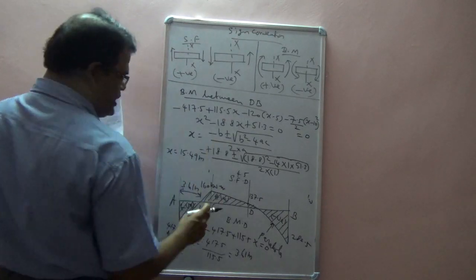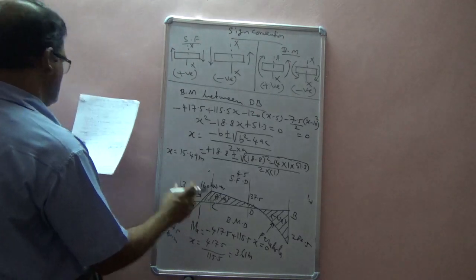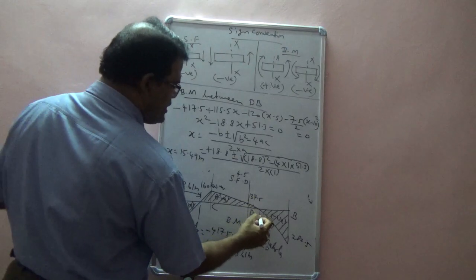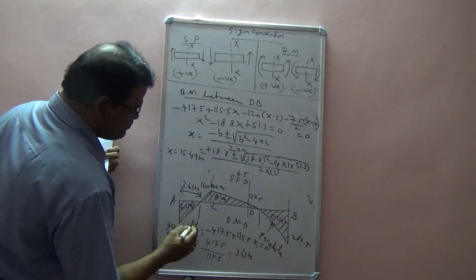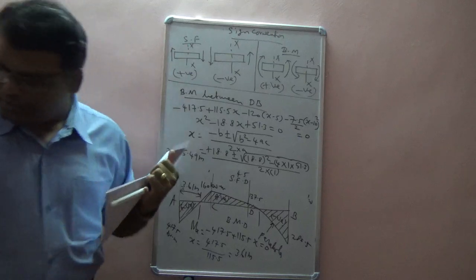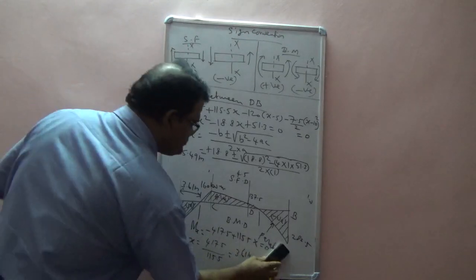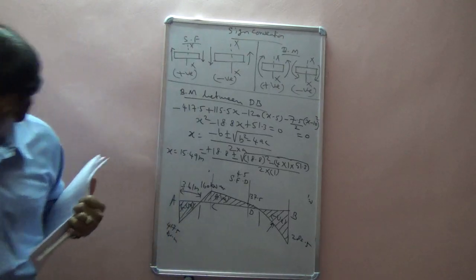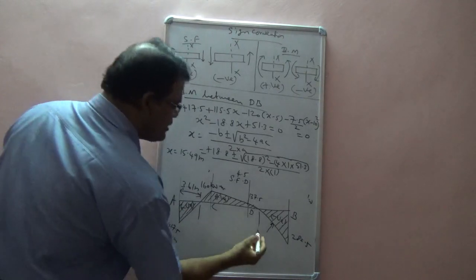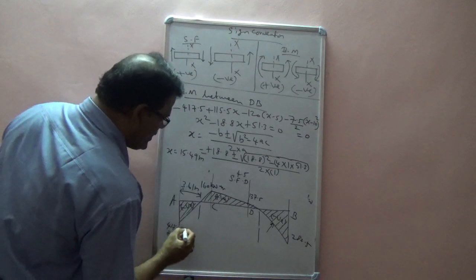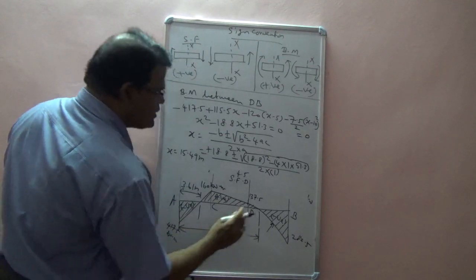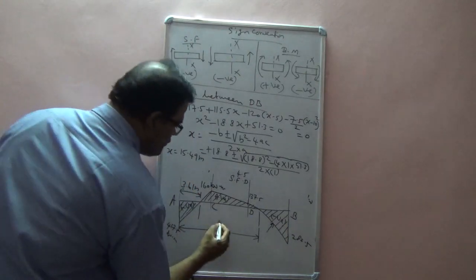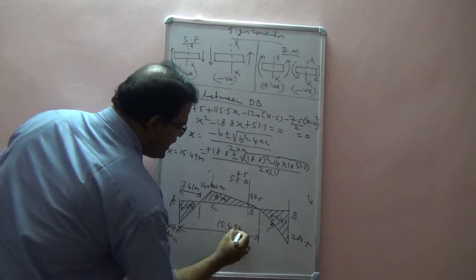So you can see here, this distance is 5 meter, this distance is 5 meter. From point A, the point of contraflexion between section DB is at a distance of 15.49 meter.